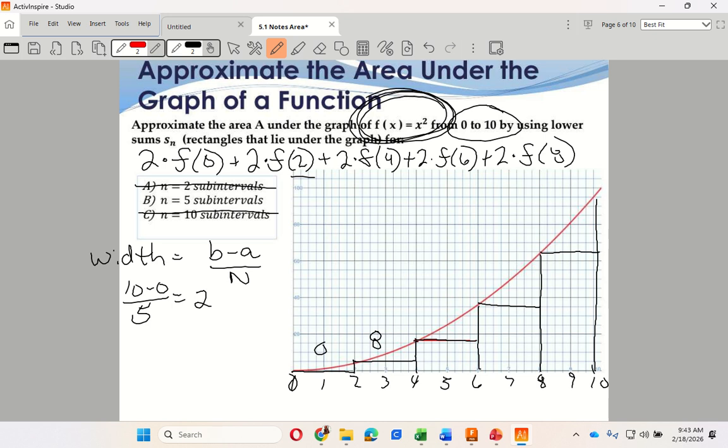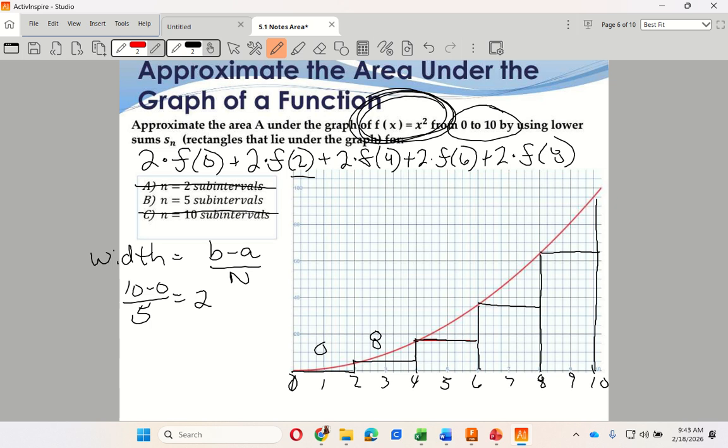Wait, why didn't we put 2 times f of 10? Okay, so count your rectangles. You ready? 1, 2, 3, 4, 5. This is the end point, so we're not going beyond that. If I had another rectangle, or if I had a right-hand side or an upper side, I would have this one here, but I also wouldn't use f of 0.